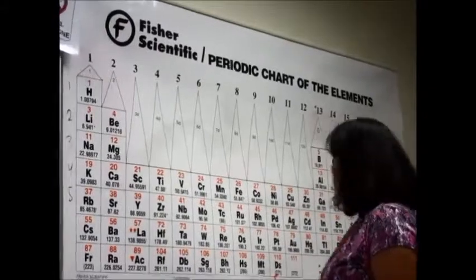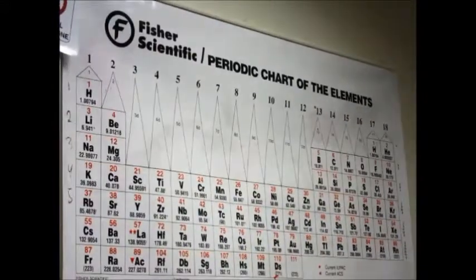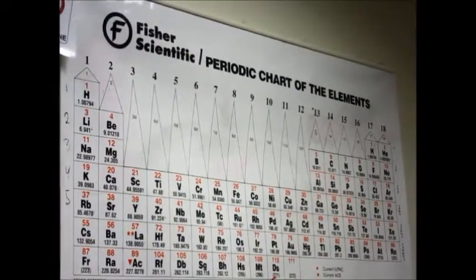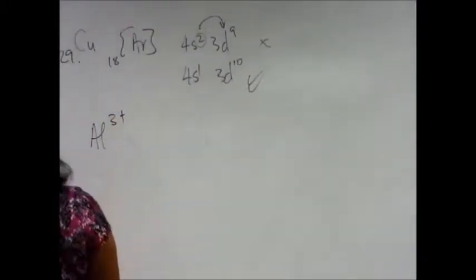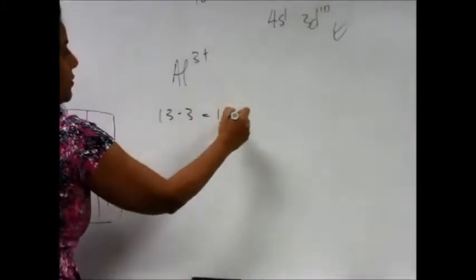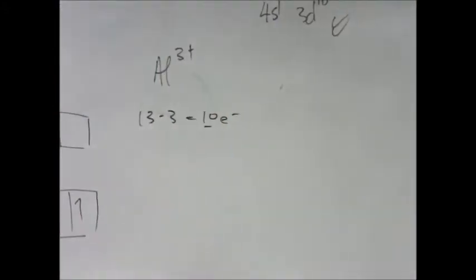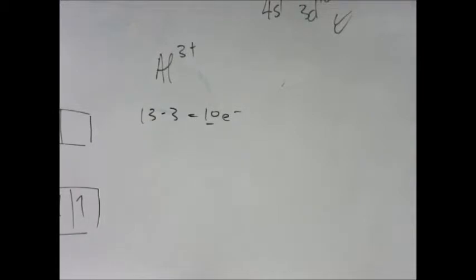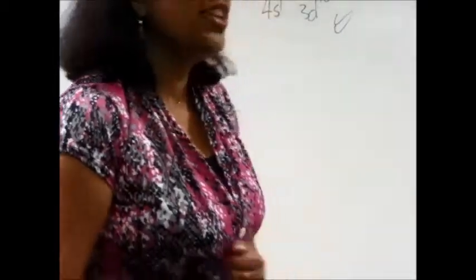So let's write for aluminum. Aluminum ion, 3+. So you take 13 minus 3 electrons, so you have to fill out for 10 electrons now. So 10 electrons, if you see, is actually neon.